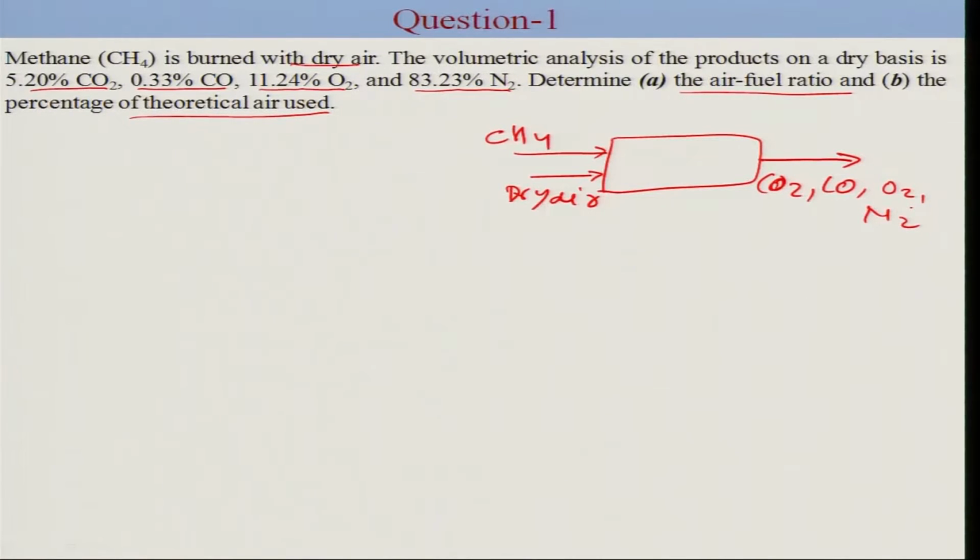We take a basis of 100 kilomole of dry product. Basis is 100 kilomole. So, on this basis we can directly take the composition of CO2, CO, O2 and nitrogen in the product stream.